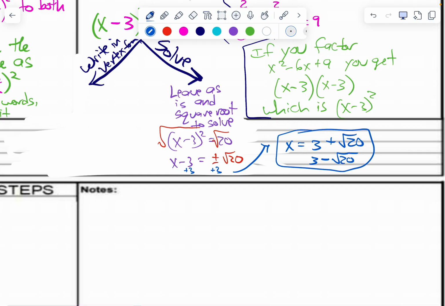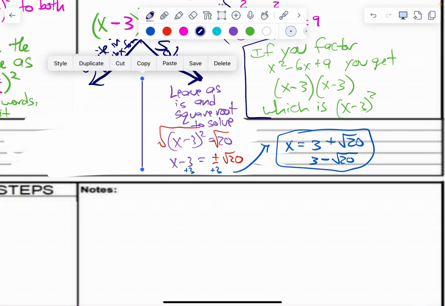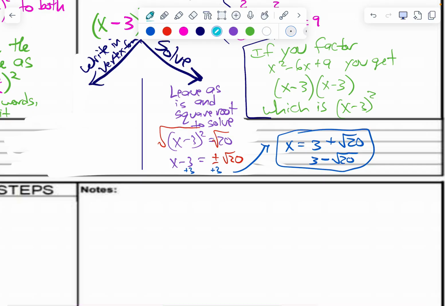If I said write in vertex form, so that's this other option, what do you think we do? Do you see how close it is to vertex form? For vertex form, just move the right side back. So it will look like this.